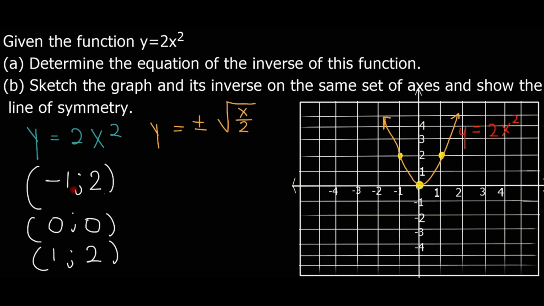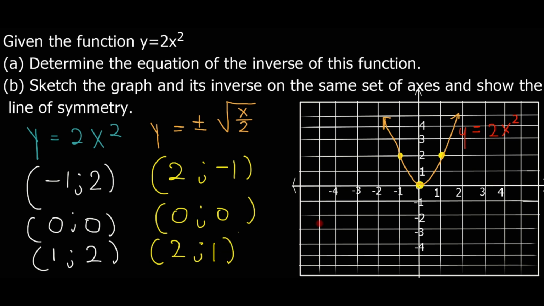So the points of the inverse will be the same as these, but interchanged: 2 and -1, then 0 and 0, and then 2 and 1. This is the easy way. So we plot 2 and -1 here, then 0 and 0, and then 2 and 1 here.